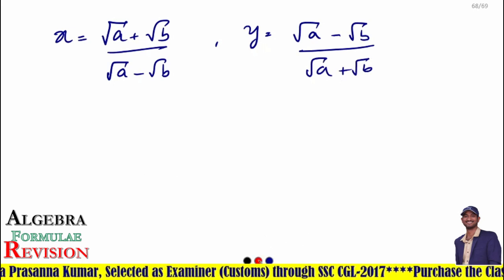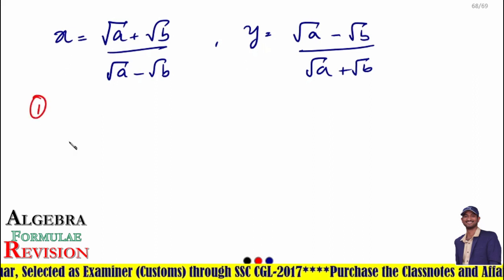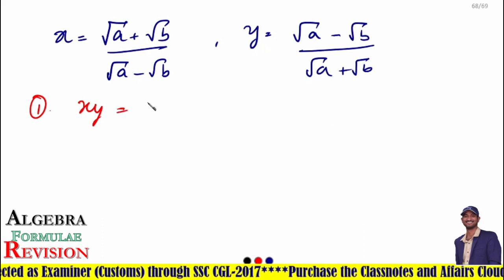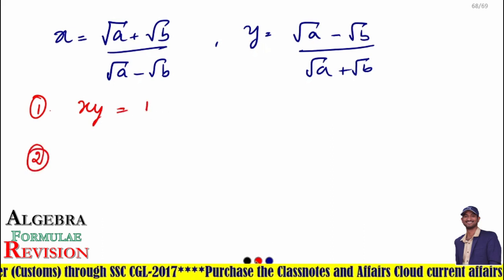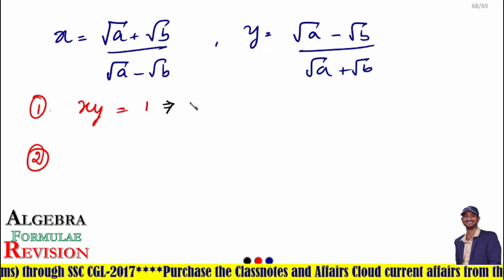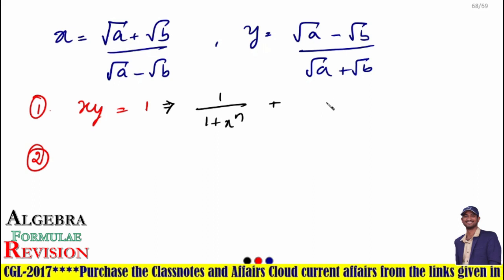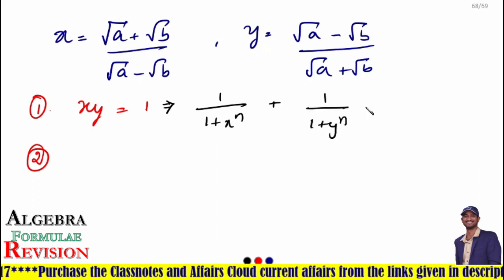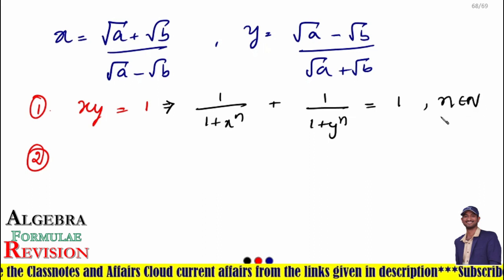From this I can tell you a few formulas. Whenever x and y are like this, first, the product of these two is 1. Second, whenever xy is 1, then I can write down one formula: 1 by (1 plus x) power n plus 1 by (1 plus y) power n is always equal to 1. Here n is a natural number.